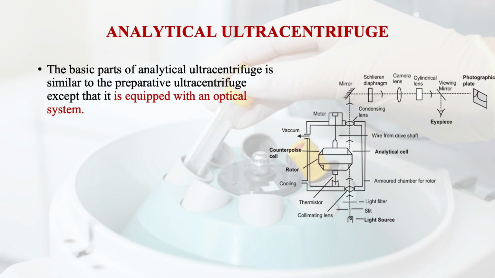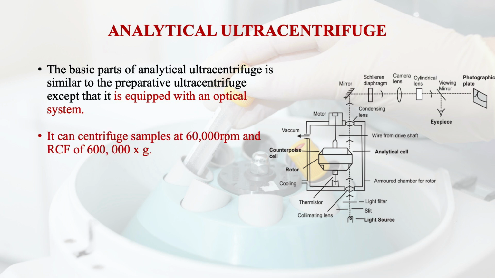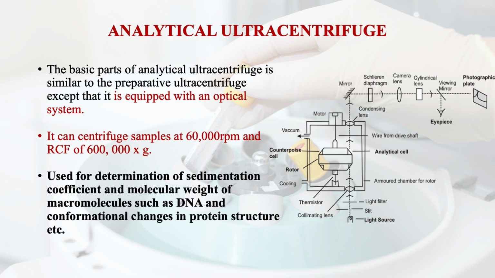The second is the analytical ultracentrifuge. The basic components of the analytical centrifuge are similar to the preparative ultracentrifuge, except that it is equipped with an optical system. It generates a centrifugal speed of 60,000 rpm and an RCF of 6 lakh G. It is useful for determination of sedimentation coefficient, molecular weight of macromolecules such as DNA, and conformational changes in protein structure.